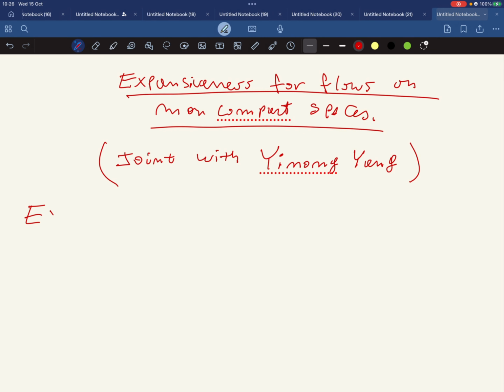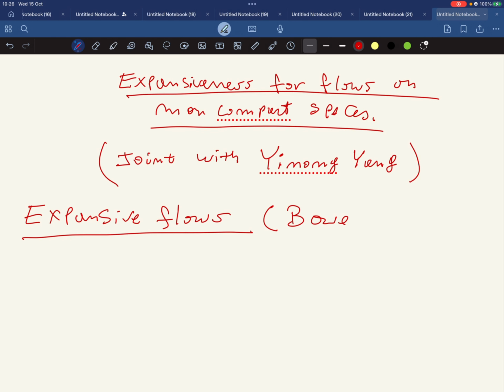Expansiveness for flows is defined by Bowen and Walters in the following way.